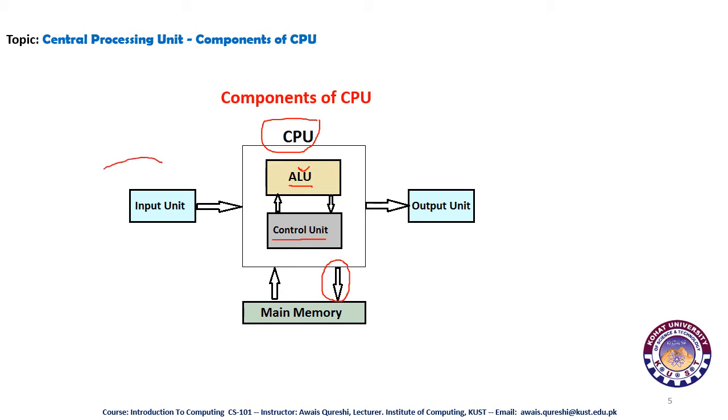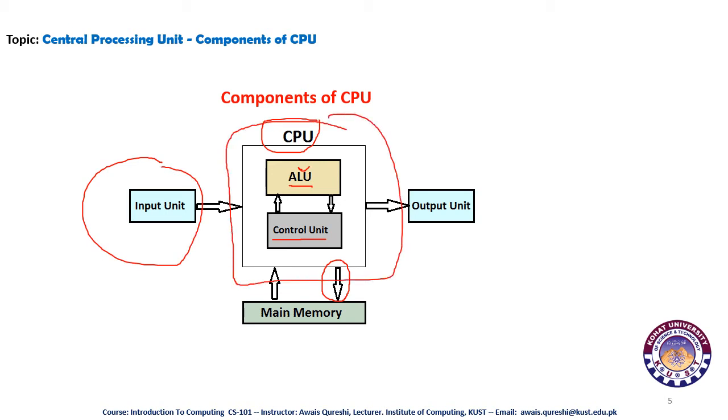So this is the input unit, and this is the central processing unit, and this is the output unit, and here is also a main memory where the data and instructions are stored, and those instructions or data are moved in and out of the CPU with the help of the control unit.